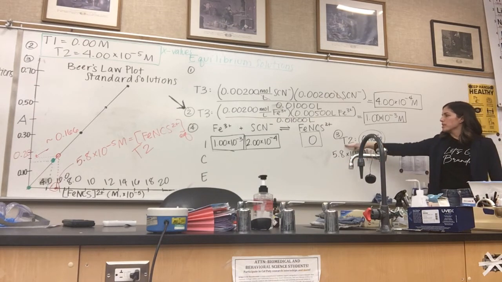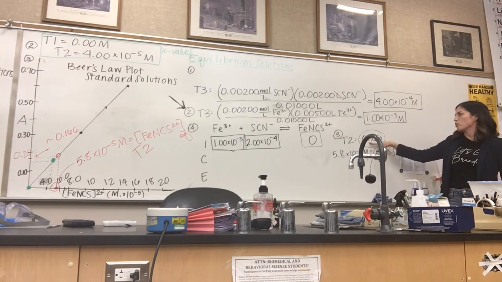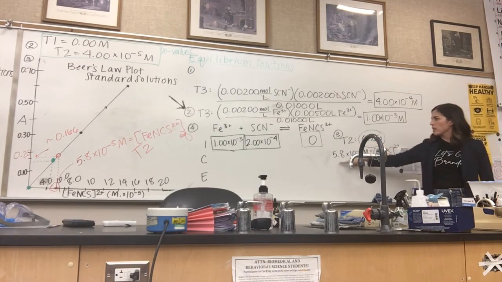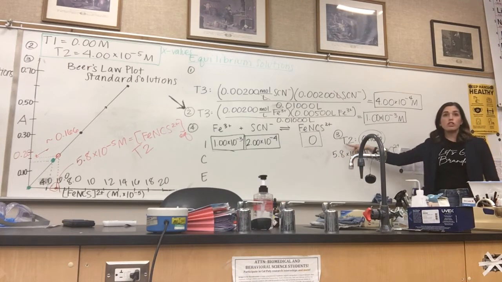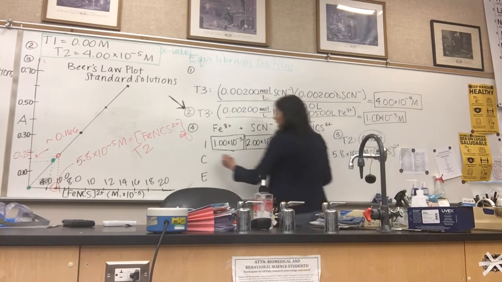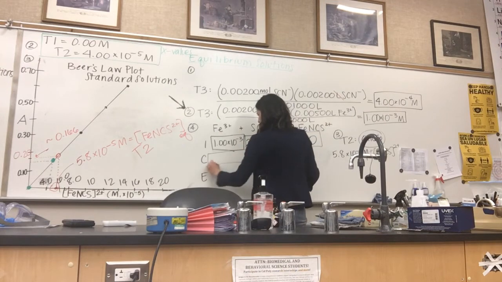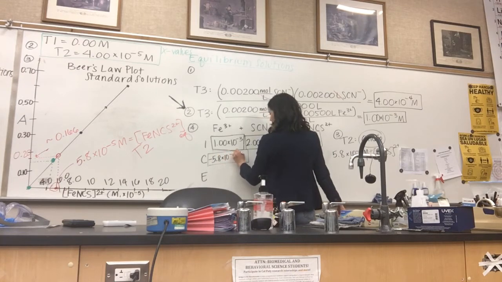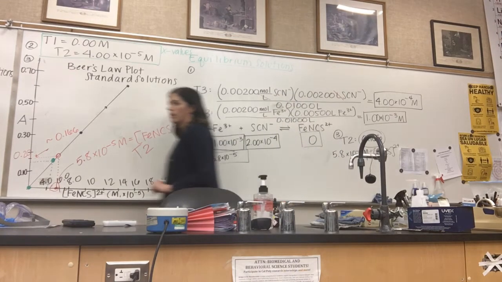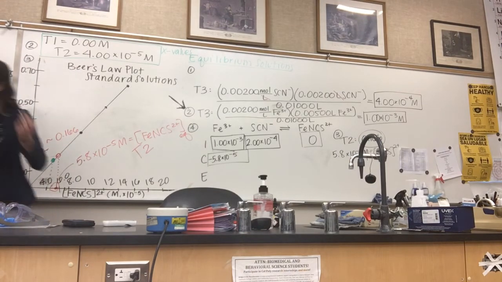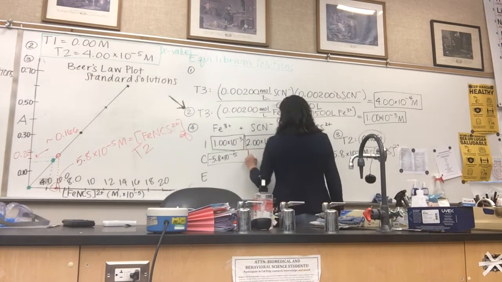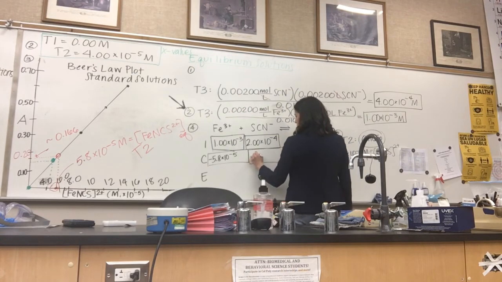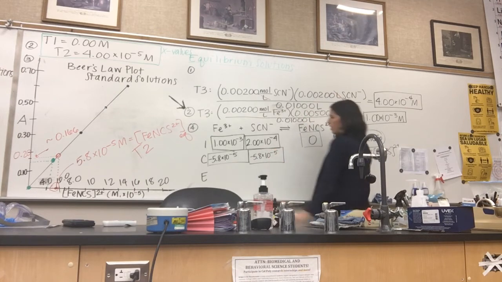So this is for my second solution. I had an absorbance of 0.166 that gave me this concentration. So my change then should be minus, like it said, minus my answer, 5.8 times 10 to the negative 5. And that's the same for thiocyanate, minus answer from number 3 above. So minus 5.8 times 10 to the negative 5.